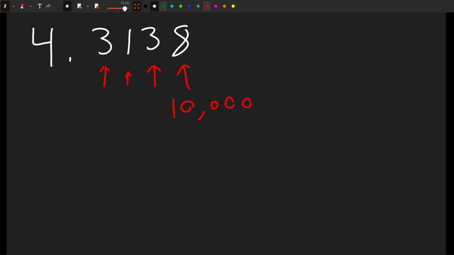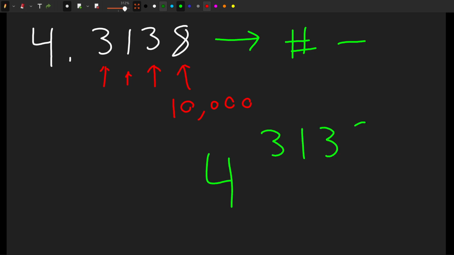Now, for a decimal that has a whole number, when we write it as a fraction, you can simply take the 4 and make it the whole part of a mixed number, because what this is going to change into is a mixed number. So it's going to have a number portion and then a fraction after it. And so that means, in this case, I'm going to have 4 and 3,138 over 10,000.